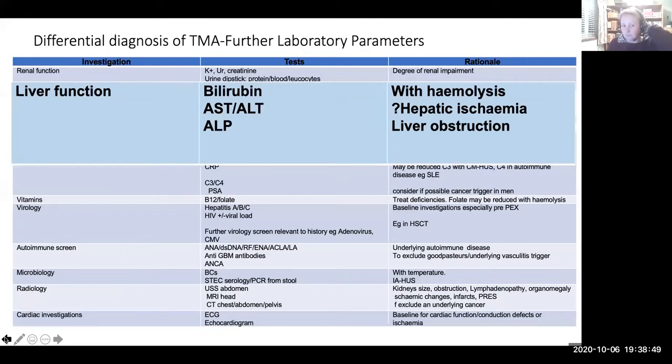Thank you. The next thing we look at is liver function tests, and there are a number of reasons for this. We look at the bilirubin, which is one of the parameters that gives you a greenish type of plasma, because it is an indicator of how much hemolysis there is. But we also look at the other liver function tests. The ALP, alkaline phosphatase, typically looks at whether the liver is obstructed.